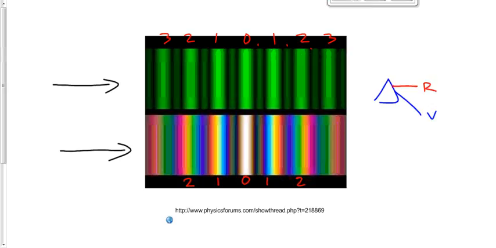Red light diffracts the most. So we're not saying that each of these colors is a first, second, third, fourth order maximum. They're all first order maximum. There's a first order maximum for each of the colors. We can see that red light has spread or diffracted the furthest away from the central.